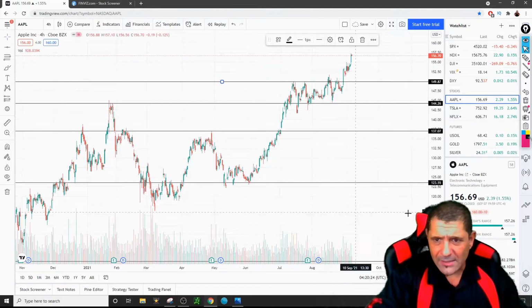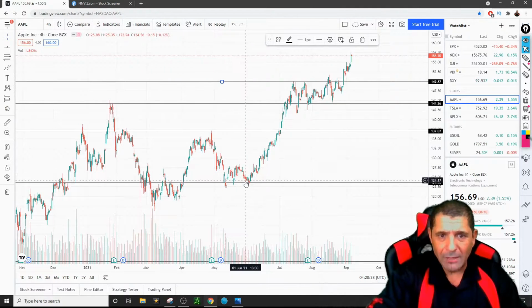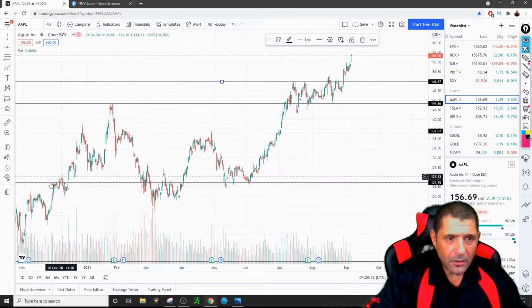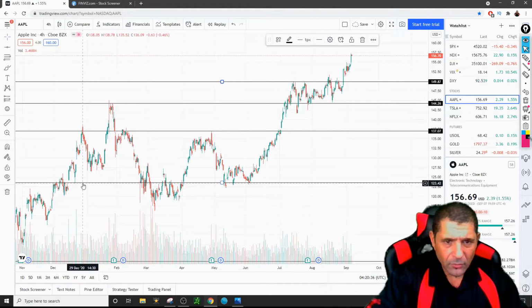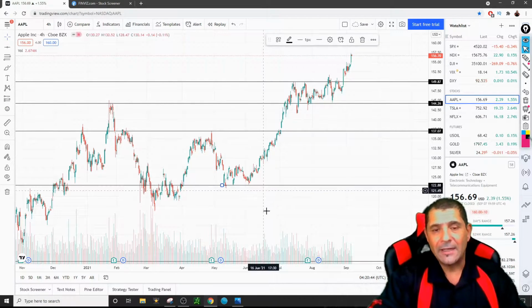Now on the lower side there was 123.55. We have a double bottom over here, and right over here we can slightly place it a little more down. Just grab the line and you have more clear touches. You want to have clear touches.